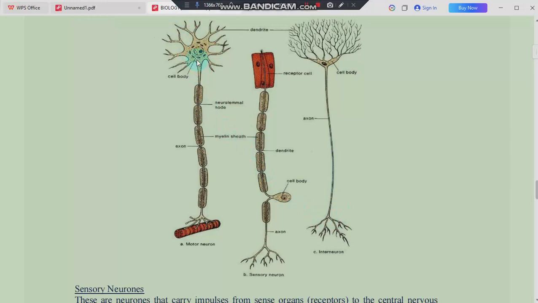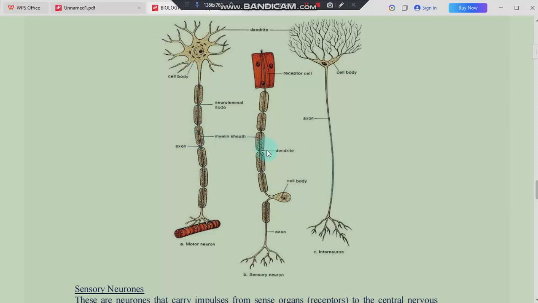So your key features in your definition is, you first of all talk about the functions of the two neurons, where we said this motor neuron carries electrical impulses from the central nervous system, the brain, to the effectors, which are the muscles. And when we talk about the muscles, we have the triceps, and we also have the biceps. So this motor neuron also has the cell body outside of the central nervous system.